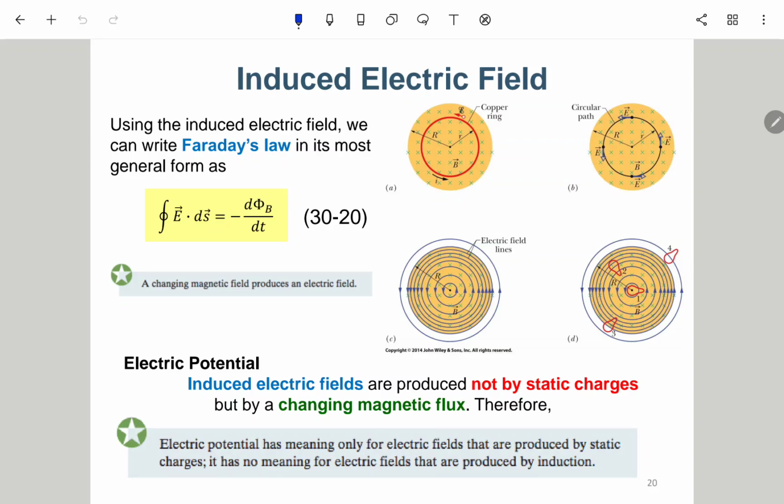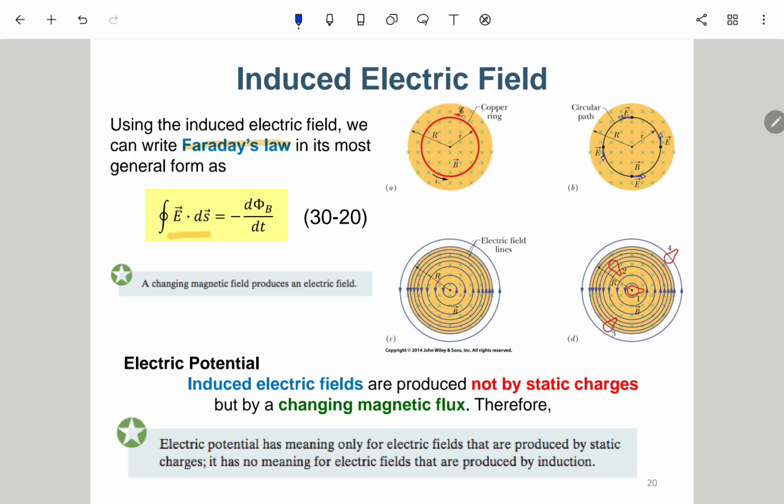Okay, so here we also try to introduce something called the induced E field, or we try to write Faraday's law in a generalized form. Using the induced E field, we can write Faraday's law in its most general form as this one. Somewhat similar to Ampere's law, on the left side it is a line integral.